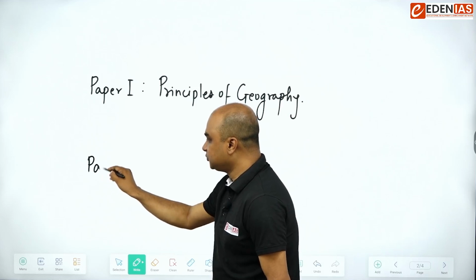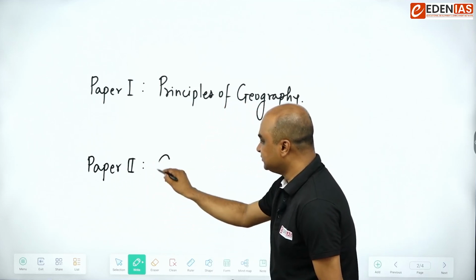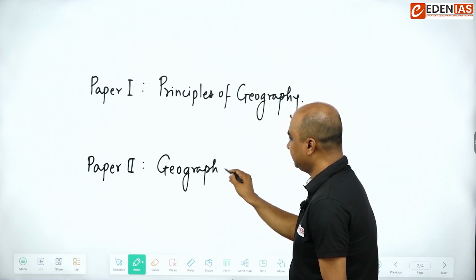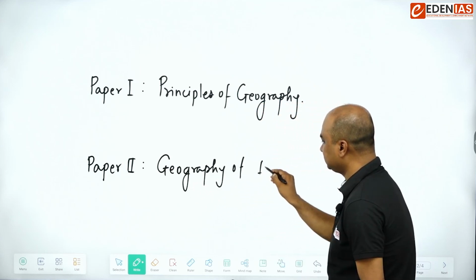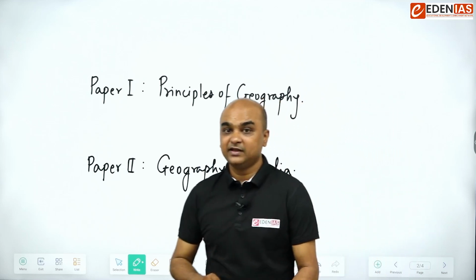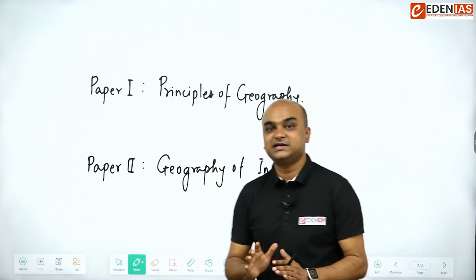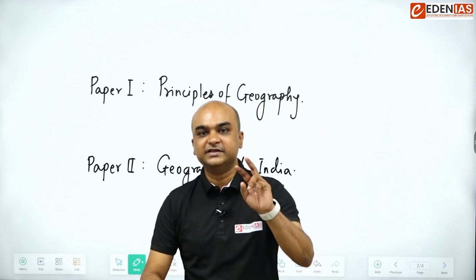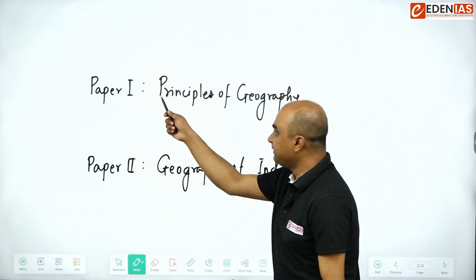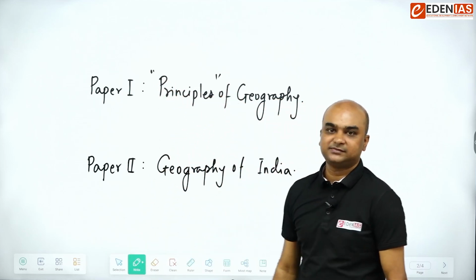And paper 2 is known as Geography of India. अगर आपने ध्यान दिया इन नामों पर, then you will understand that the demand of these two papers are slightly different. Look at paper 1, the key word here is principles.